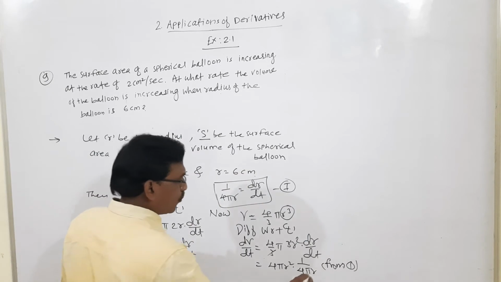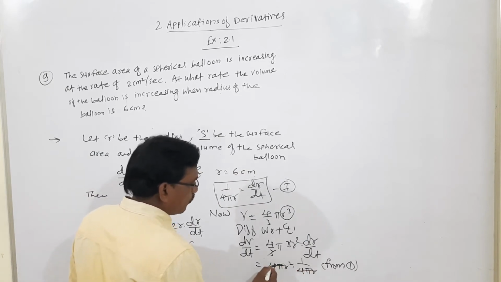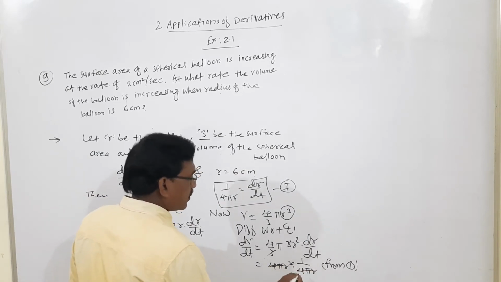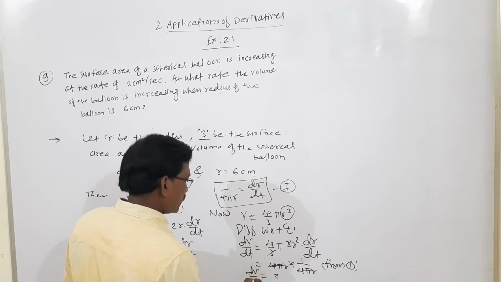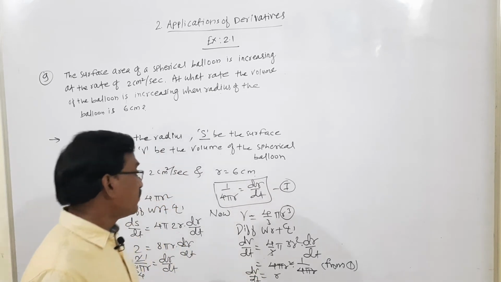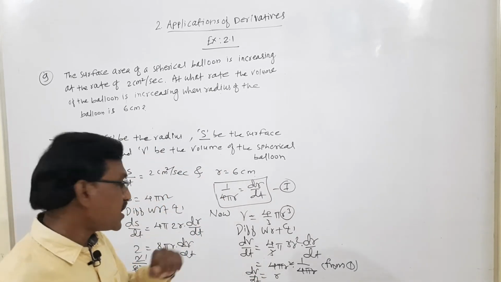So this 4 pi will get cancelled, and it is only r here. But r means radius, which is given as 6 centimeter.